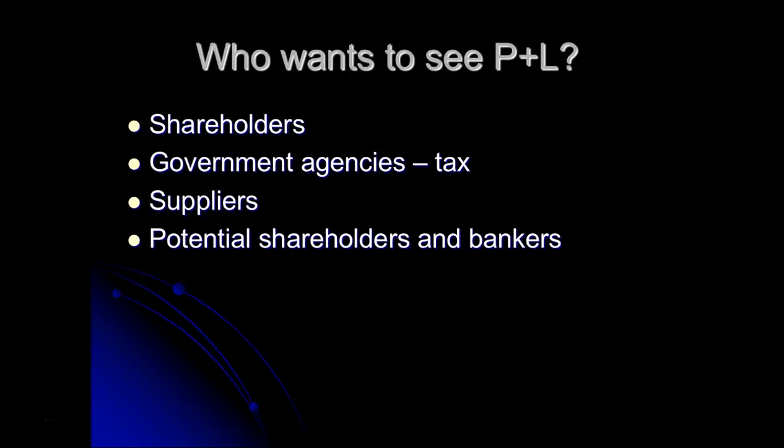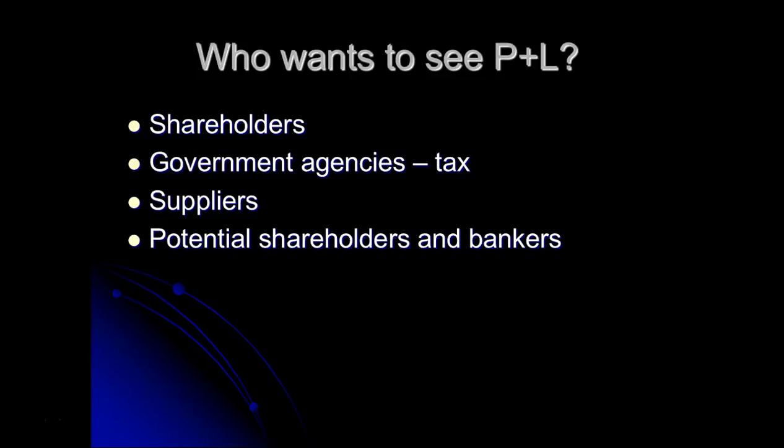So when it comes down to it, stakeholders want to see the P&L. As an example, shareholders will get an idea whether or not they're going to receive some sort of dividend on their shares. The government are always going to be keen to know because of tax purposes.